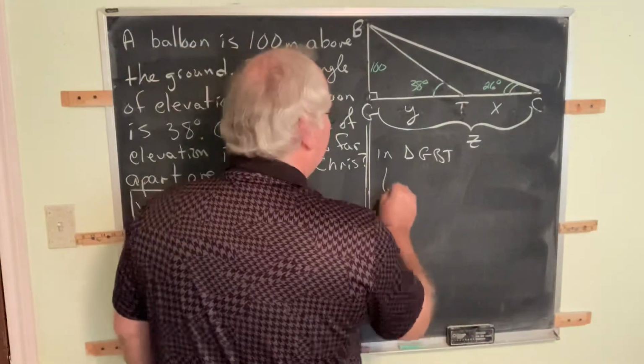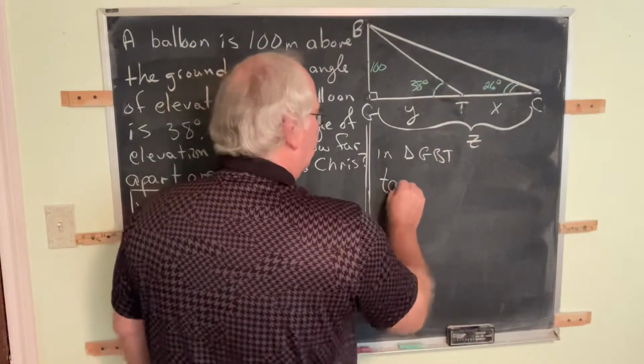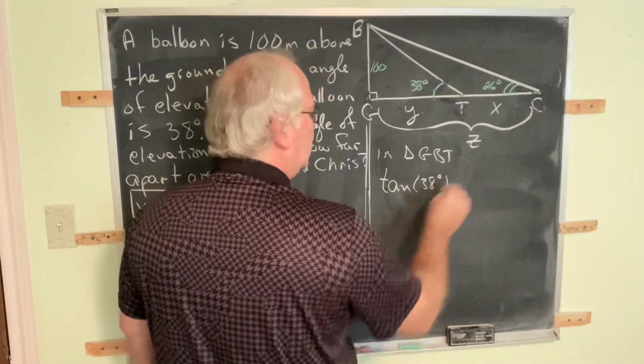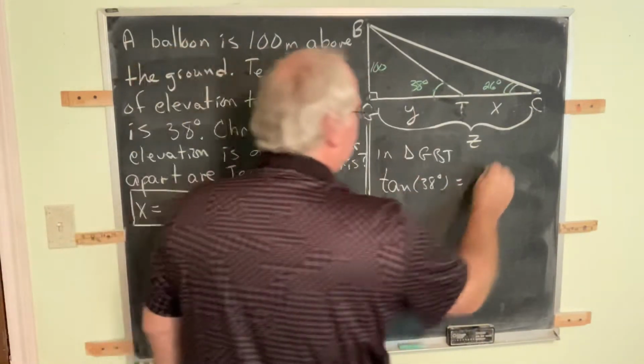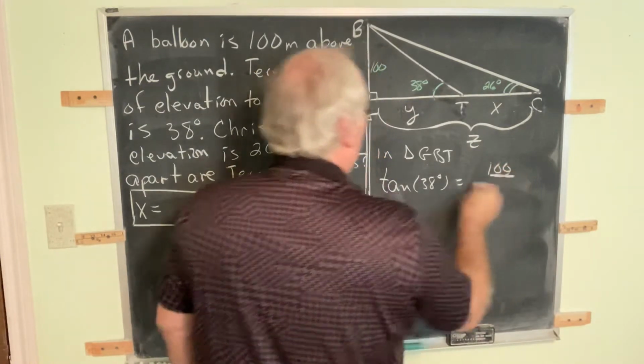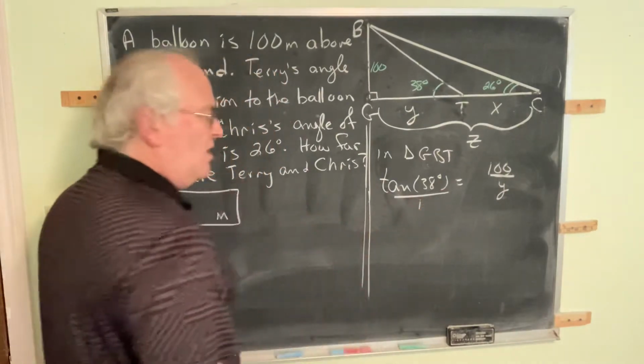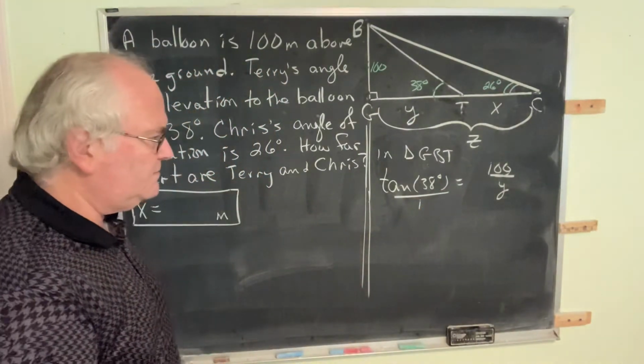So we know tangent, all we need to now do is write it. We know tangent of the angle in question is equal to opposite over adjacent, which is don't know yet. Cross multiply, set those equal and solve.